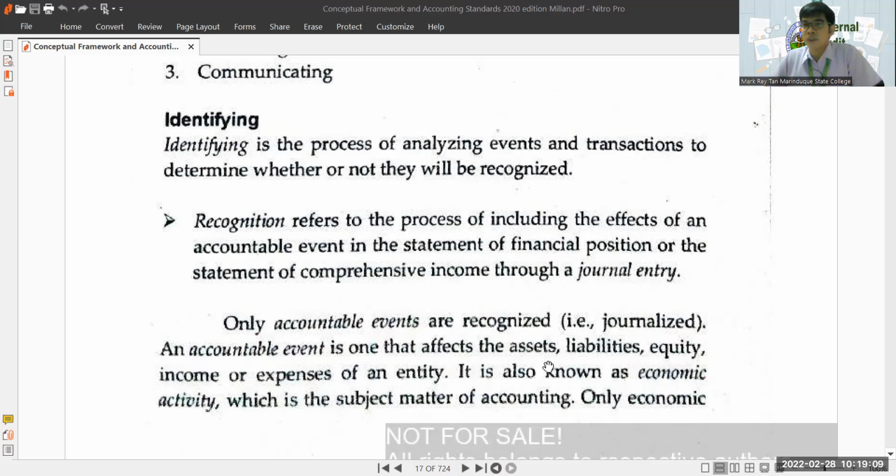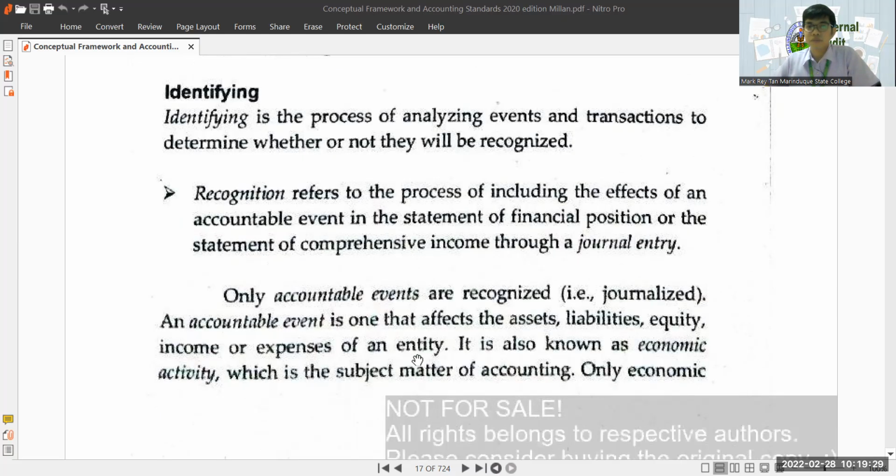For example, sa assets, we have cash, receivables, inventory. Then sa liabilities, we have accounts payable, loans payable, bonds payable. So I guess you know what I mean. Kaya sila tinatawag na general accounts. Another term for accountable events is economic activity. It is the subject matter of accounting.